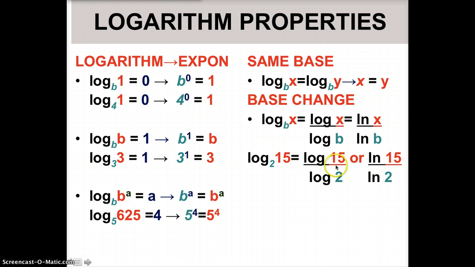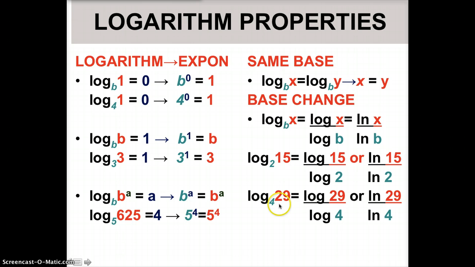Now you can't just use log and natural log interchangeably, but on base change formula, either one works, and that's because they're both in base 10 or they're both in base e. Another example of that would be log base 4 of 29. I would want you to look these up on your calculator. So log 29 over log 4, or natural log 29 over natural log 4.